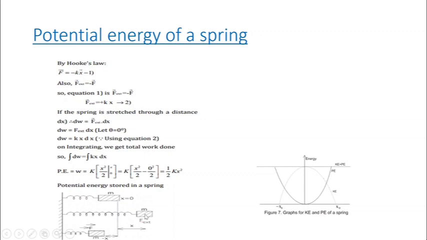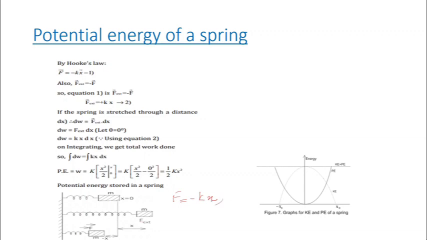This is the extended spring, and this one is the compressed spring. This is the mean position of the spring, x equal to 0. If the spring is stretched or compressed through a distance x, a restoring force will be set up in the spring, which is F equal to minus kx.